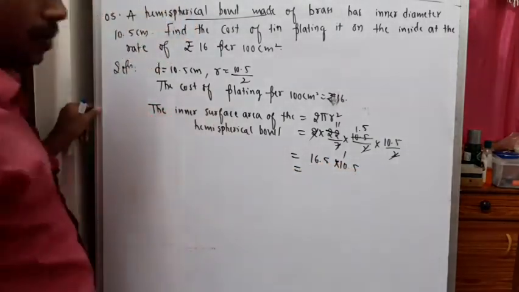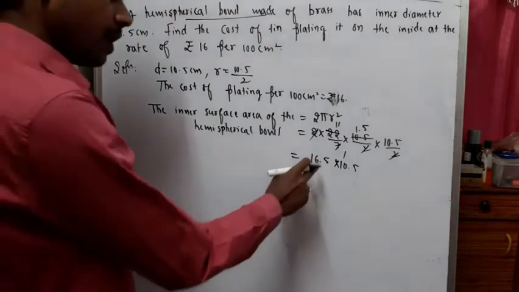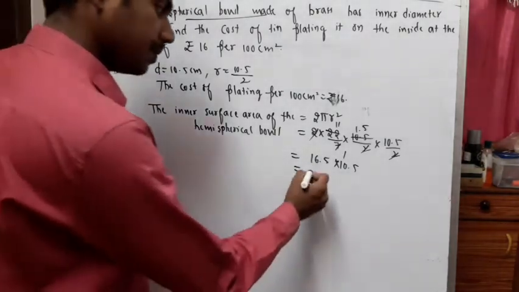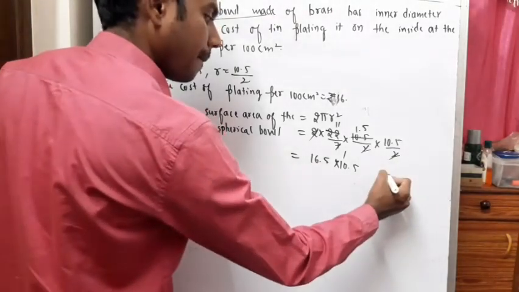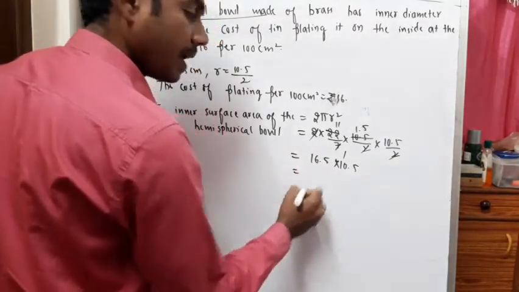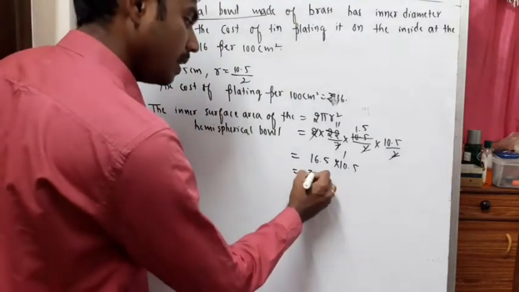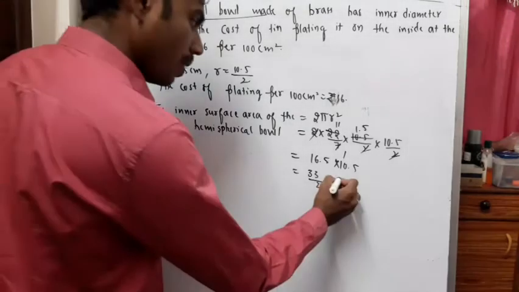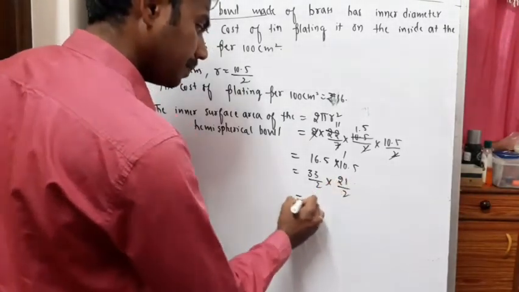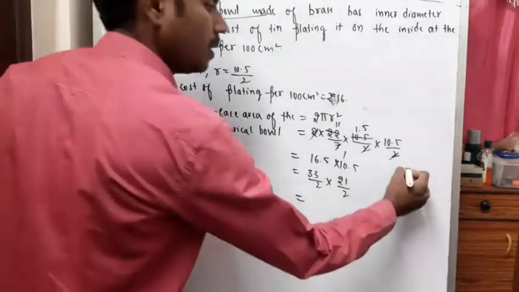So 16.5 can be written as 33 divided by 2, and 10.5 can be written as 21 divided by 2. Okay. 33 into 21.